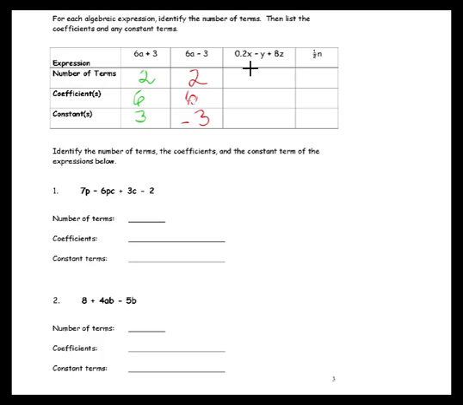Let's look at the third column. So in the third column, we have 2/10 x minus y plus 8z, which means we have 3 terms. The second thing we're going to do is look at our coefficient. So our coefficient for x is 2/10.